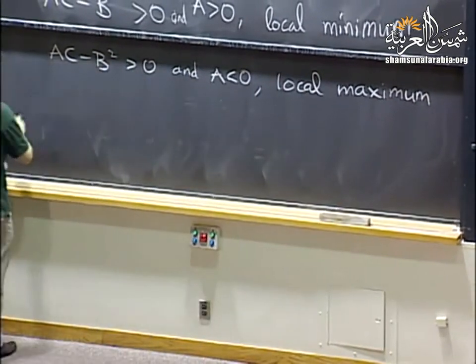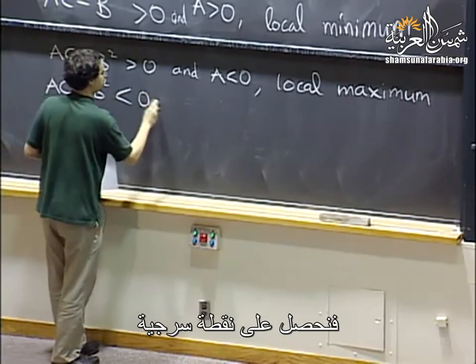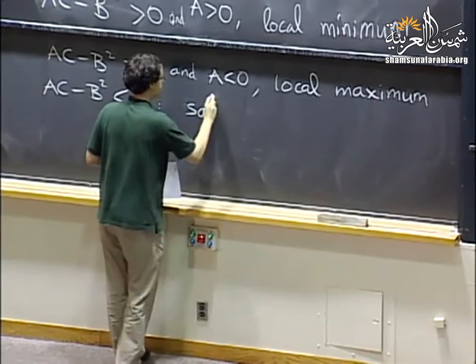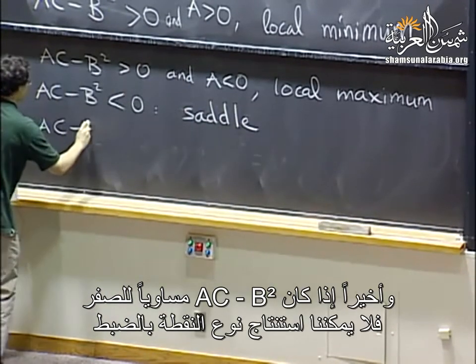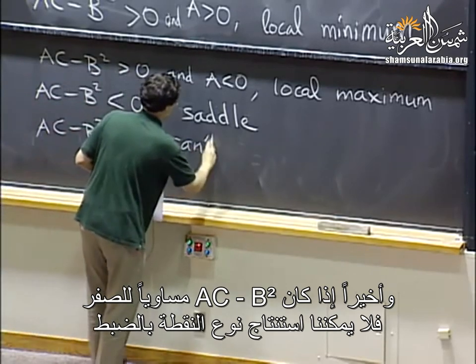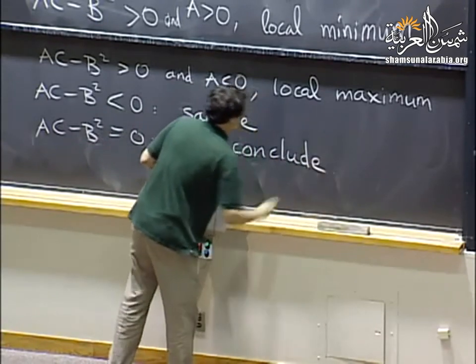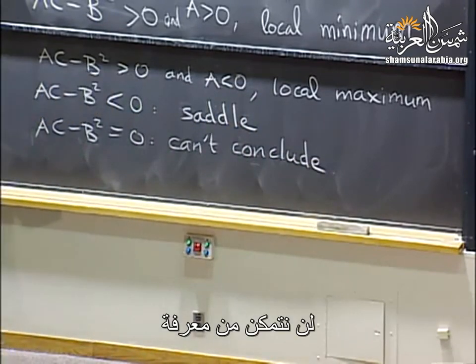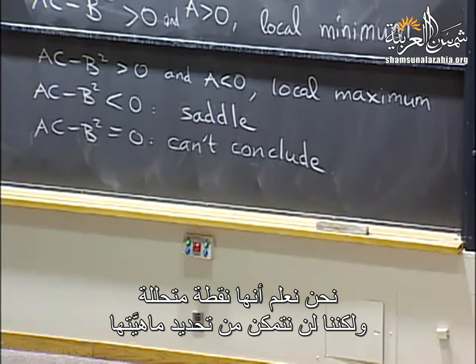And if AC minus B squared is negative, then it's a saddle point. And finally, if AC minus B squared is 0, then we actually cannot conclude. We don't know whether it's going to be a minimum, a maximum, or a saddle. We know it's degenerate in some way, but we don't know what type of point it is.